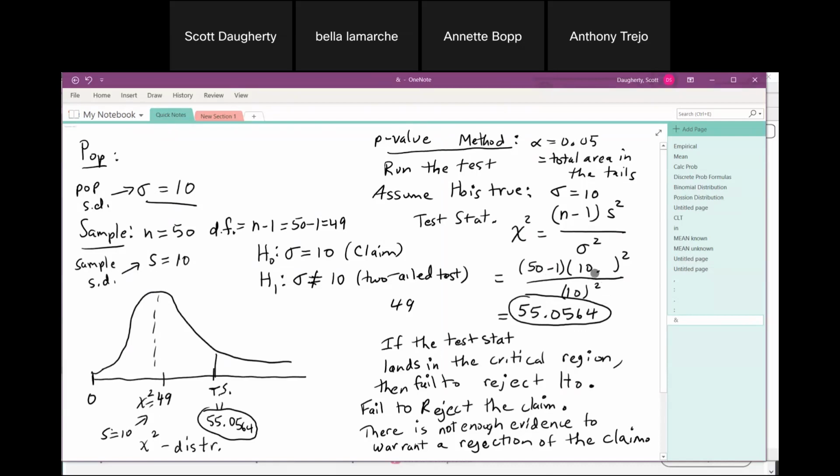If you plug 10 in here, 10 squared over 10 squared will cancel, and you'll be left with 49. That's kind of the middle. Now we're at 10.6. So when you put 10.6 in for S, it's going to push it up a little bit above 49, and it's going to go to 55 something. And that's what I'm saying. It's pushing it a little more towards the right edge, the right tail. And so we're going to find the area from here on up.